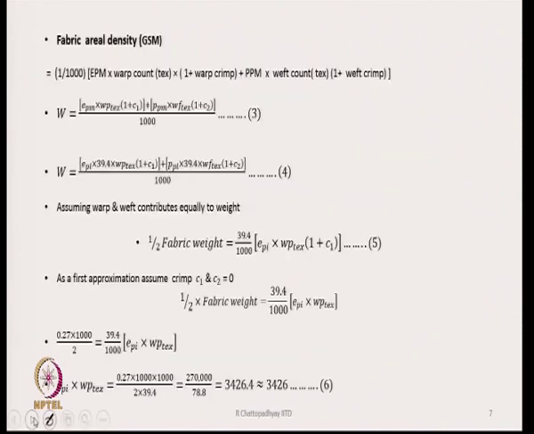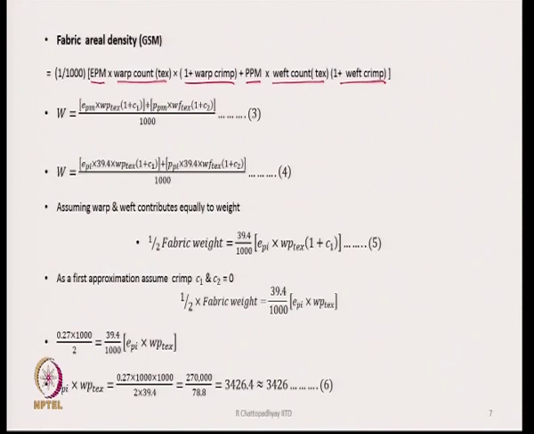So, now let us go to this page, what it is stated here. Now, another information which has been given is the fabric areal density. Now, we know that the areal density of a fabric can be written as 1 by 1000 ends per meter into warp count in tex into 1 plus warp crimp plus picks per meter into weft count in tex into 1 plus weft crimp.